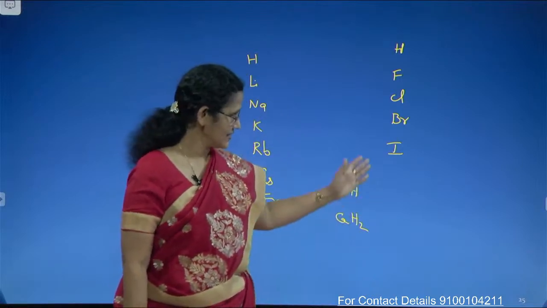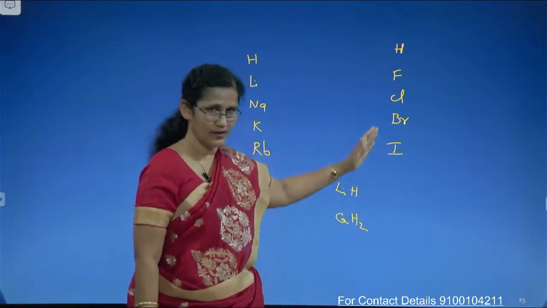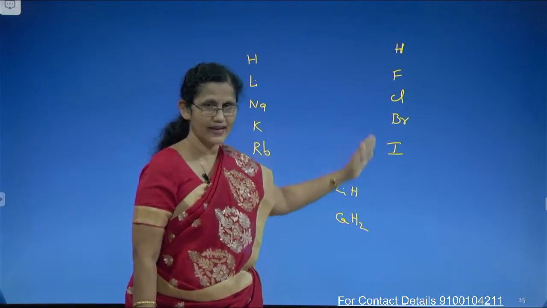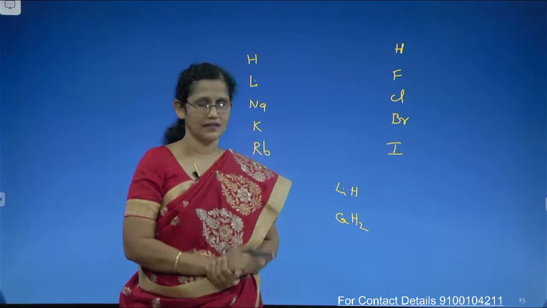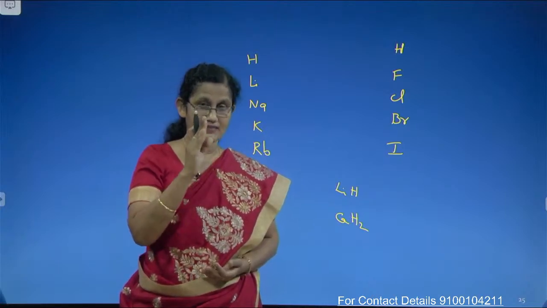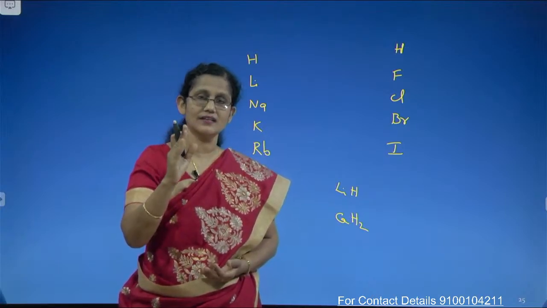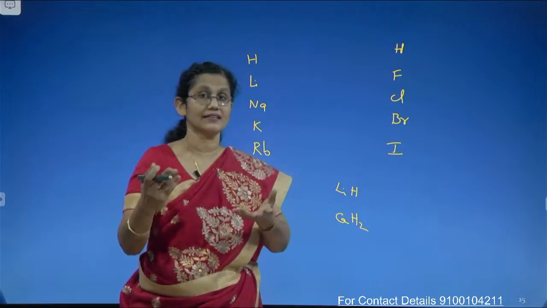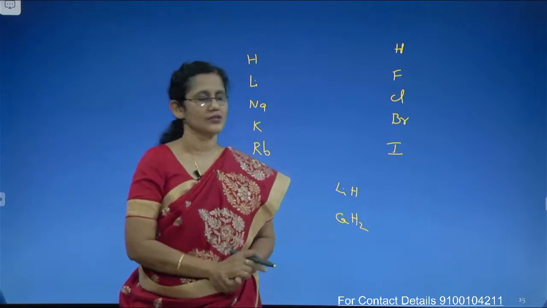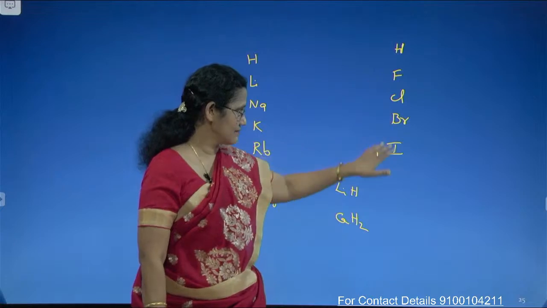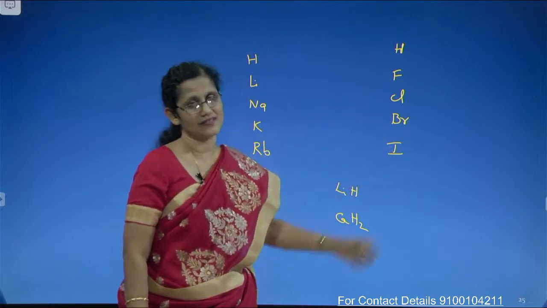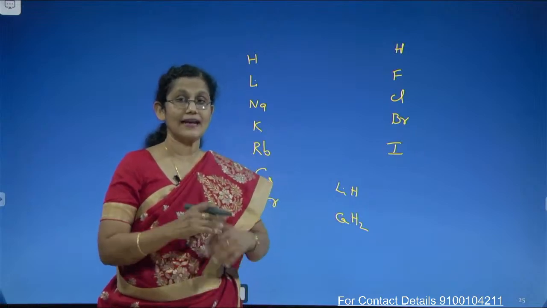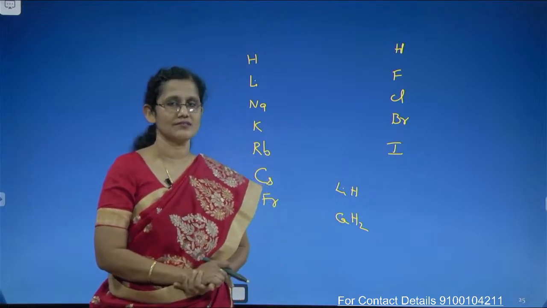So, just like halogens, what is the oxidation state shown by halogens? See, -1, common oxidation state. Halogens have 7 electrons in the valency shell. Instead of losing 7, they can gain 1. So, their common oxidation state is -1. So, hydrogen resembles halogens because it can show -1 oxidation state.